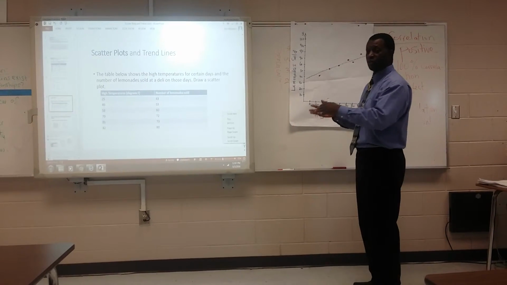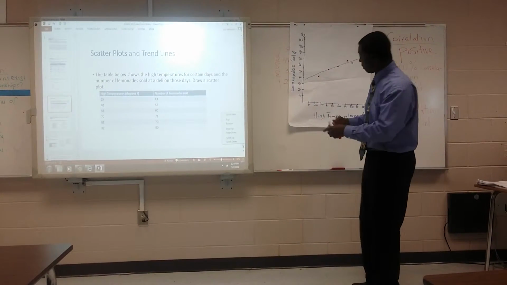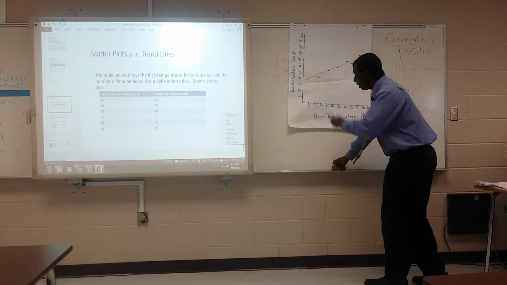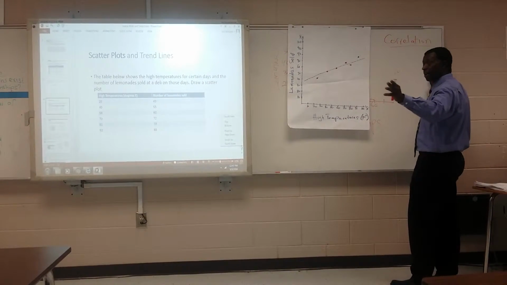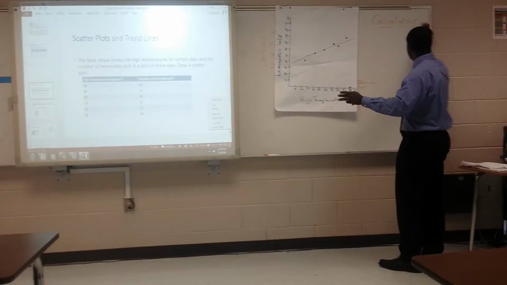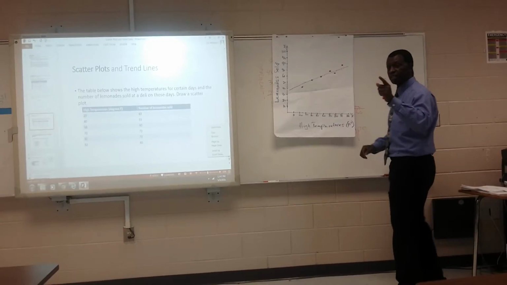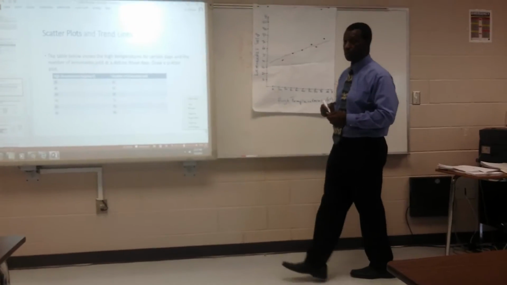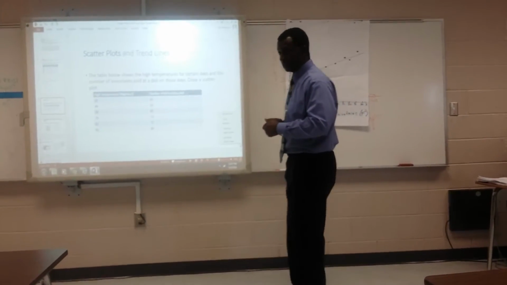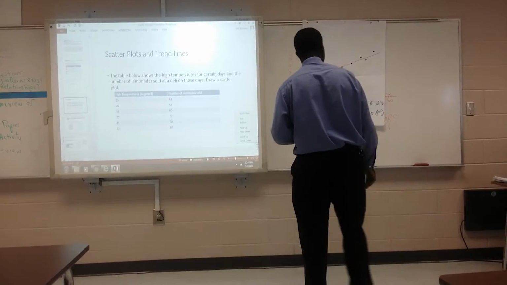The correlation has a strength of about 90%, so we can say that the correlation coefficient is 90%, and as a decimal, the correlation coefficient is 0.9. And it's positive, and it's 0.9, all right?